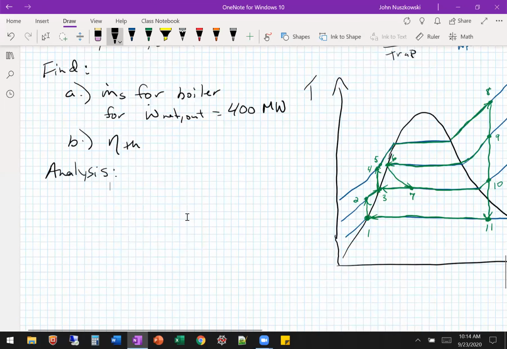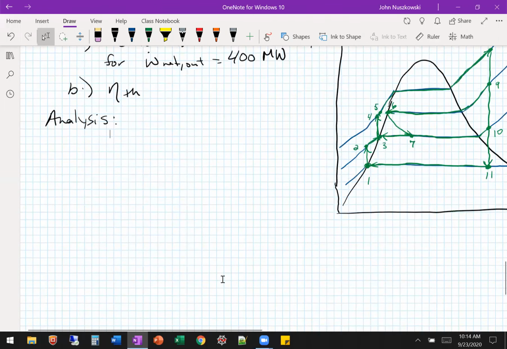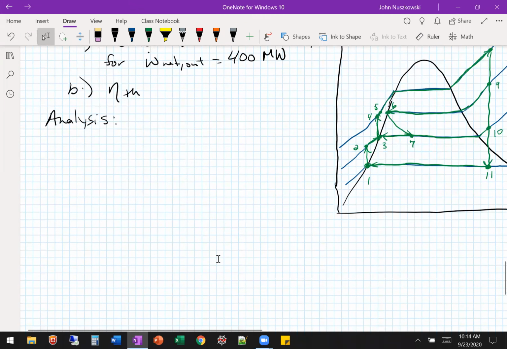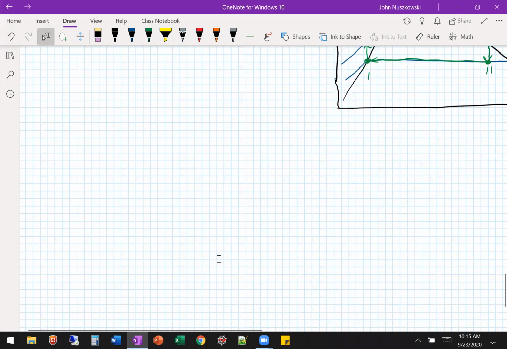All right, so we would have our table. We have, in this case, 11 states.